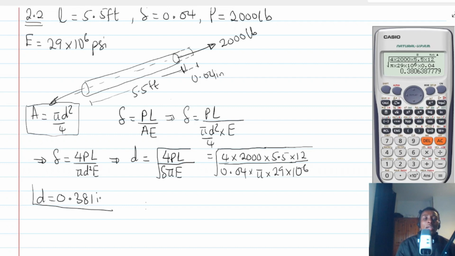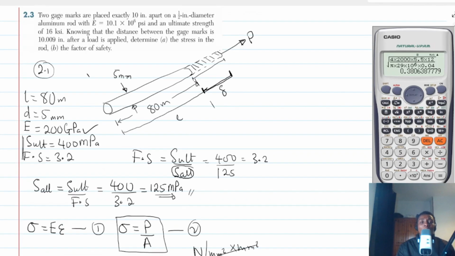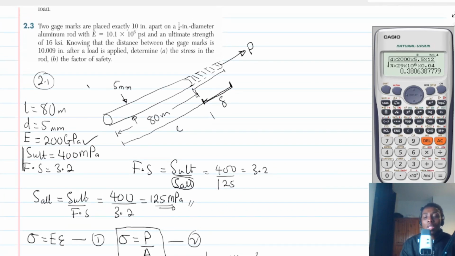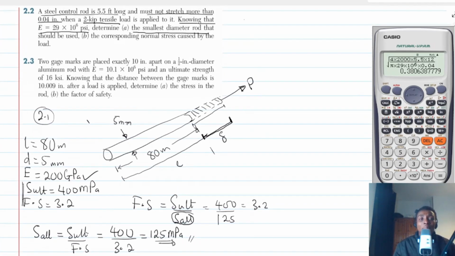So that is the diameter we should expect, the smallest diameter we should expect. All right, the first part of the problem has been solved. Now let's look at the second part of the problem.